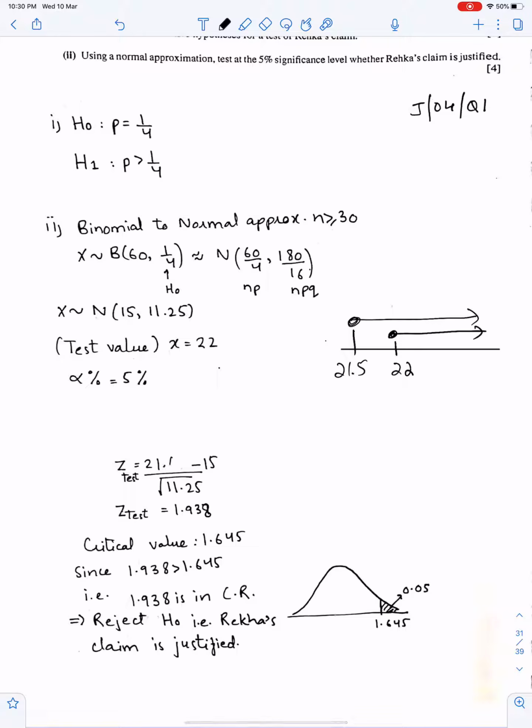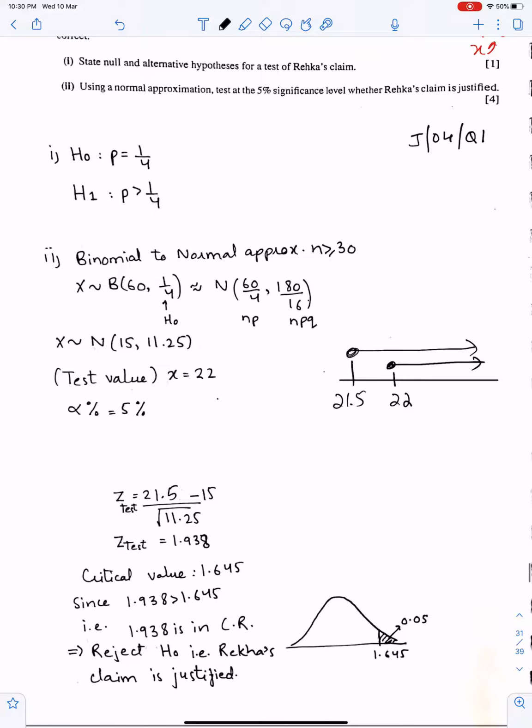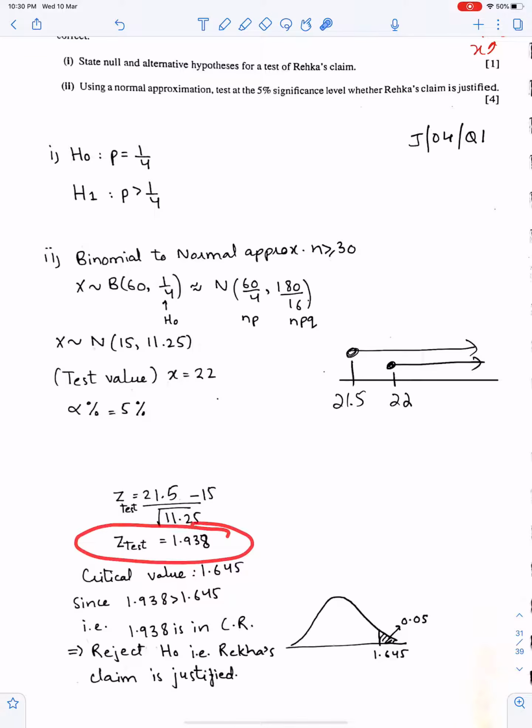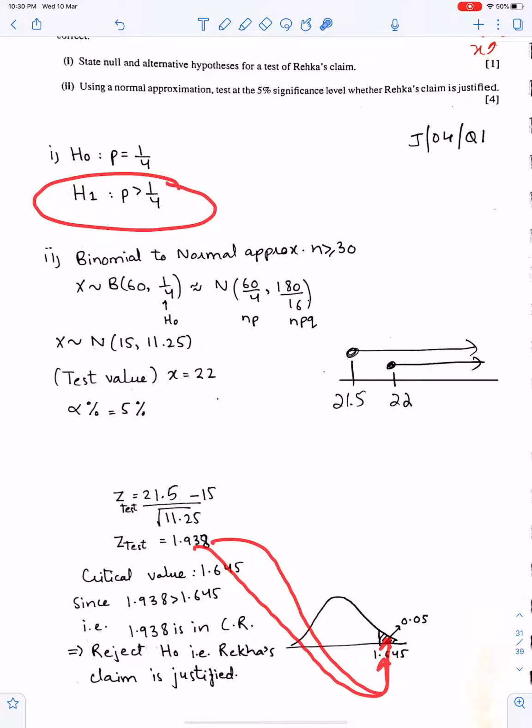This is 21.5, the test value is here, this 15 is here, and this is in square root. And the z-test is 1.938. Now compare this value with the critical value. This value lies in the critical region, so you have to reject H naught. You have to accept this fact that p has increased, or her claim is justified.